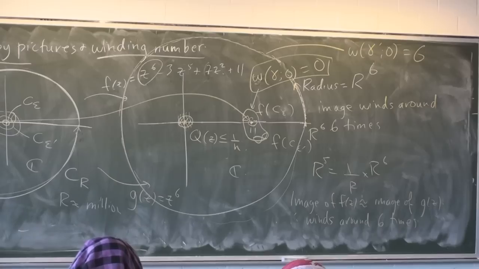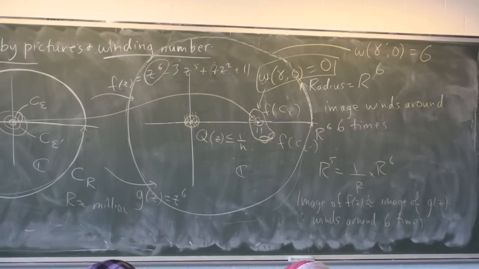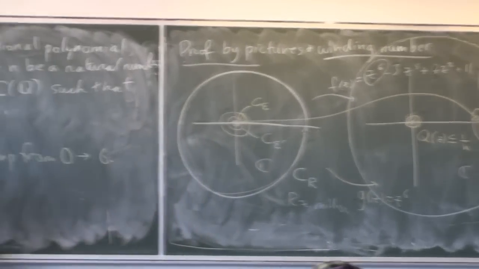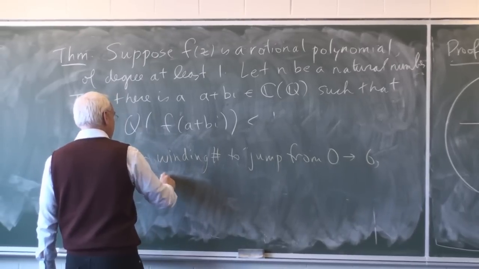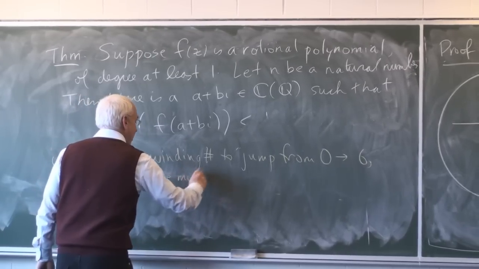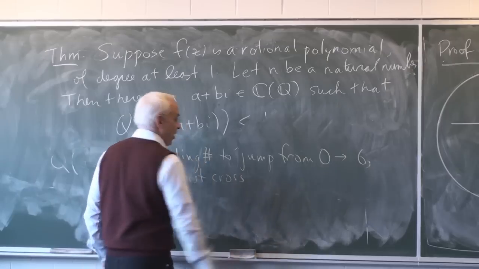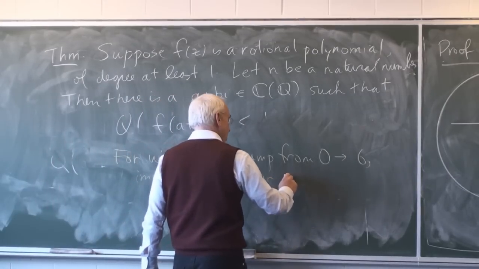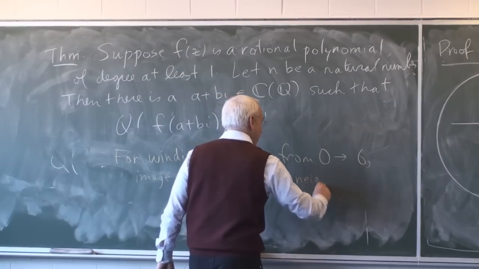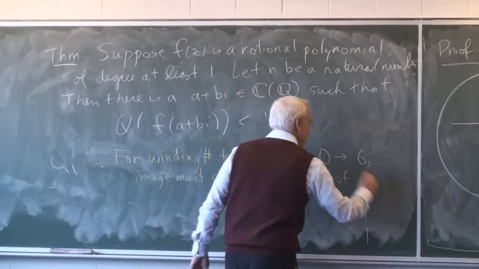So for the winding number to jump from 0 to 6 in this case, the image must cross our epsilon neighborhood of 0.